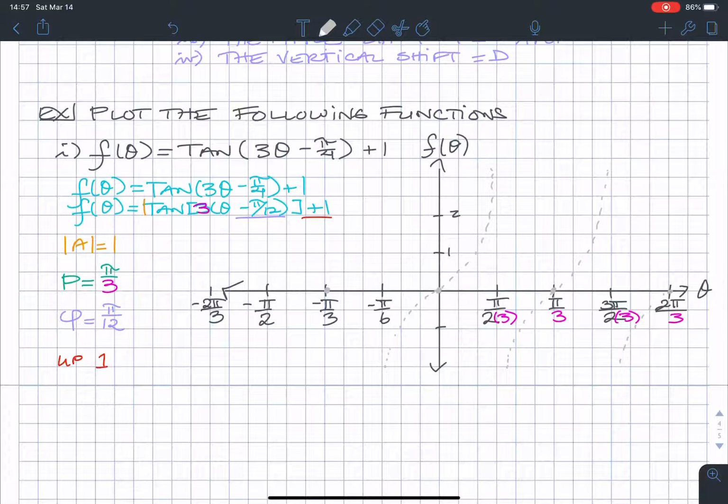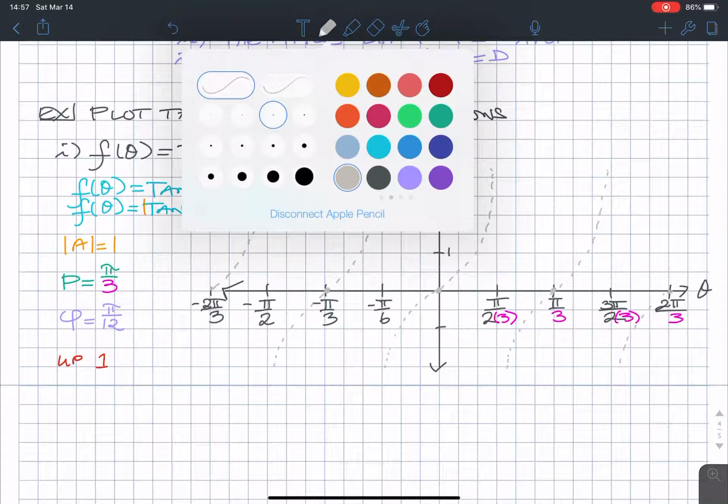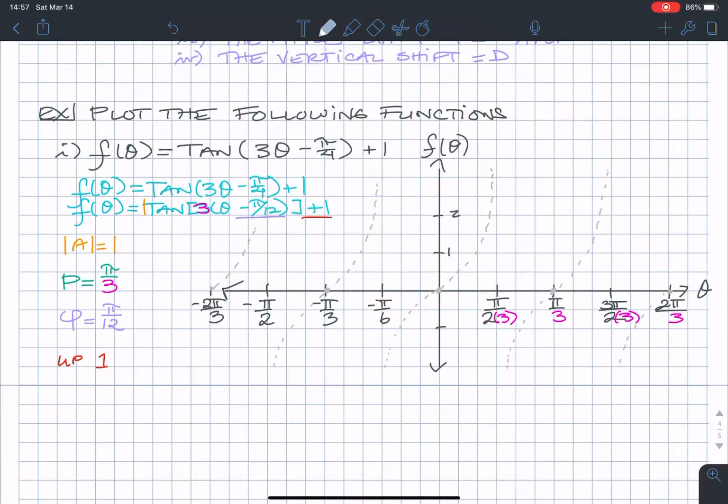However, we need to shift tangent horizontally so we can place its vertical asymptotes. So the horizontal shift is actually half a quadrant to the right.